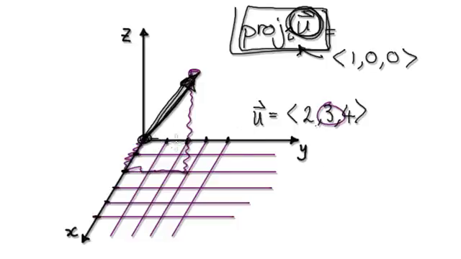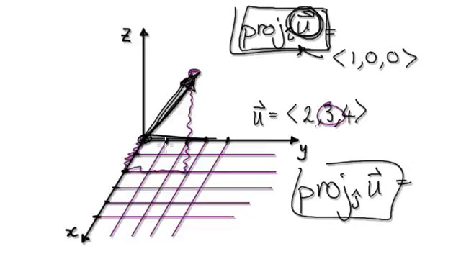If you want to know how far it has gone in the y direction, project the vector u onto j hat. That will then tell you the y component of this vector. And if you want to know the z component, then project the vector u onto whatever's the last one. Okay, I can't remember.